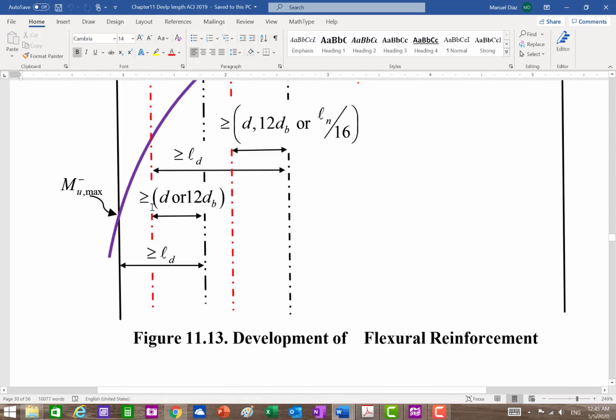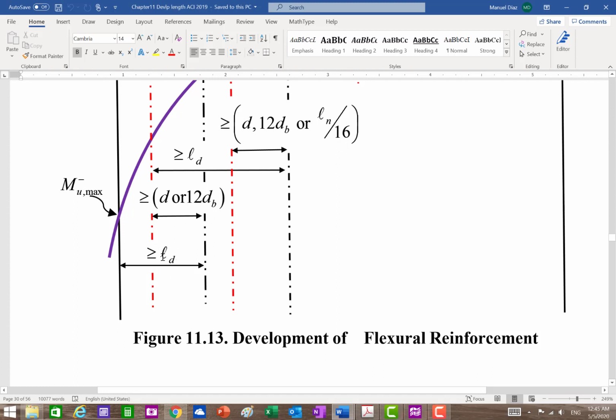Then what it says is you cannot cut exactly there. Okay, you need to add at least d or 12d_b, and then this becomes your real cutoff location. Not only that, the distance from the face to that cutoff location has to be greater or equal than the development length.